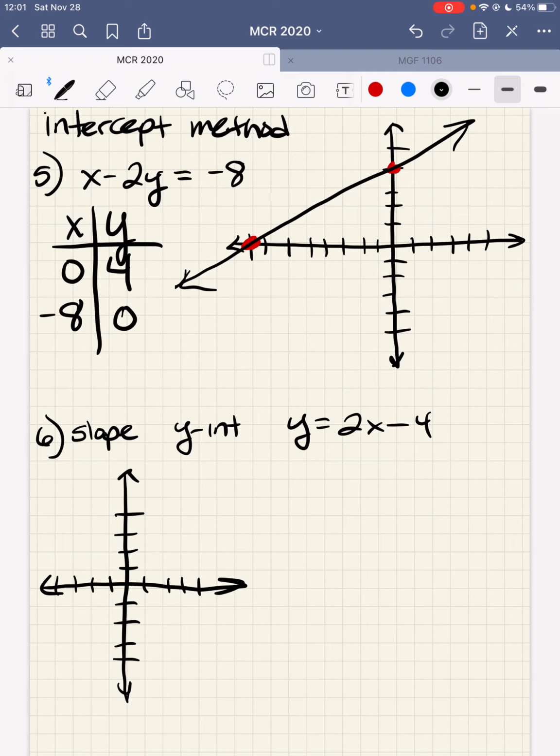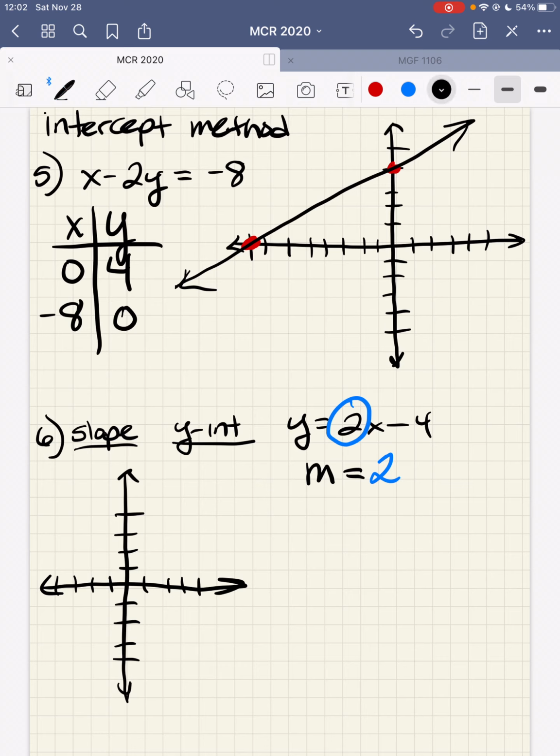We're doing the same thing for the next piece, but this is in slope-intercept form. So we're using the slope and the y-intercept to graph. They don't want us to use both intercepts, just the slope and the y-intercept. In this case, my slope is the value in front of my x, which is 2.